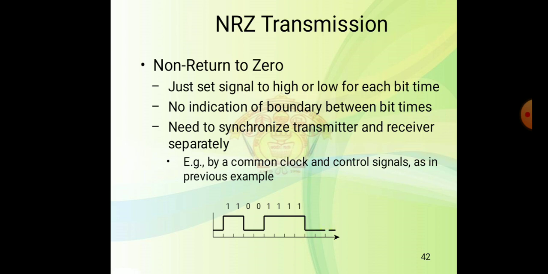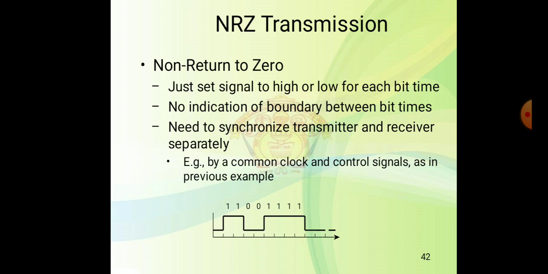In this figure we can draw a time scale, and in this time scale we can measure when the bits occur. In this period there is one data bit, this period there is one data bit, and likewise you get the different data.